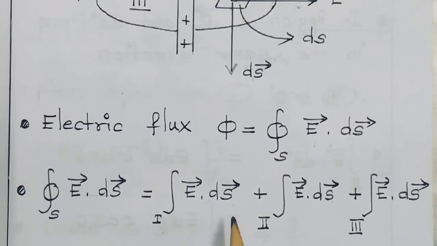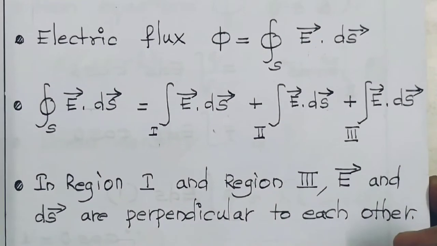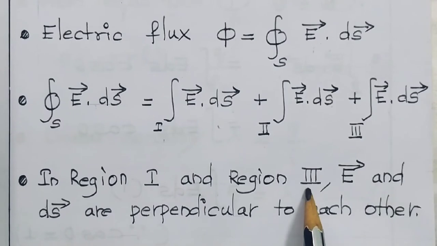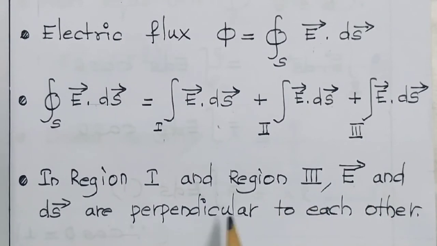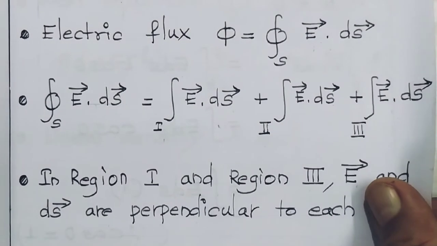So in these three regions, we need to find out these values and substitute over here so that we would get this. Okay. Now in region 1 and region 3, E vector and ds vector are perpendicular to each other. So what about the angle? The angle theta is equal to 90 degrees.